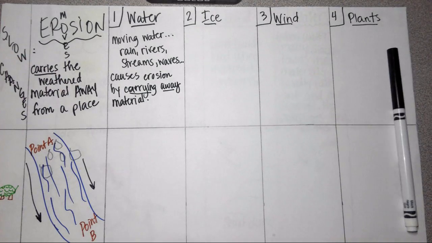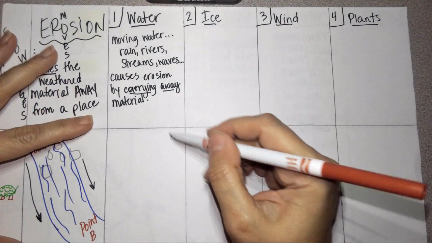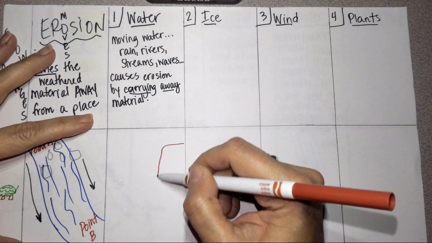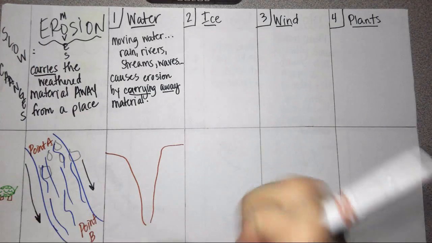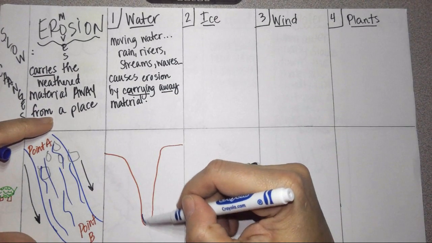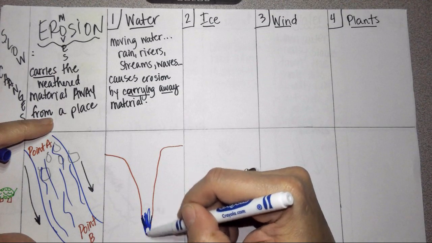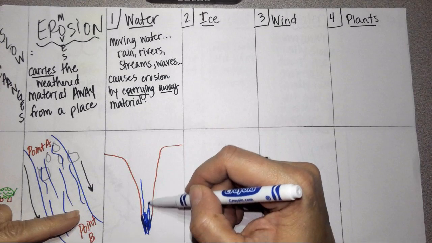So a prime example of that, we have this V-shaped valley, right? Just like the Grand Canyon. What's at the bottom of this V-shaped valley? A river. Good job. So I've got this river, right?